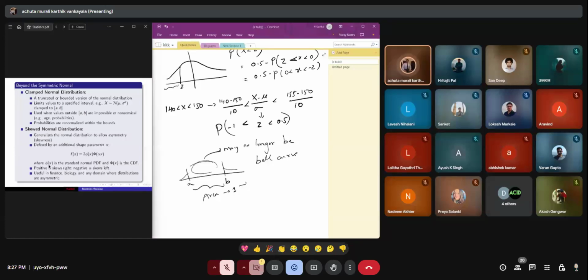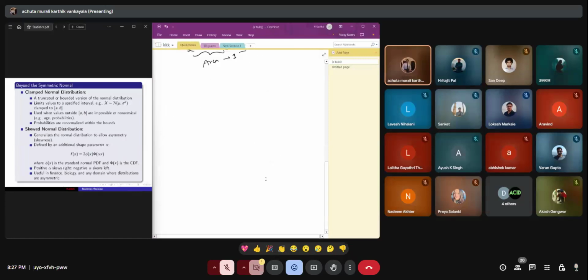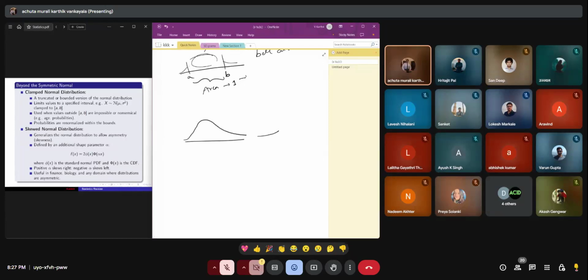In skewed normal distributions, it is asymmetric about the mean, unlike the general or standard normal distribution. So it will be looking something like this, or like this, right.